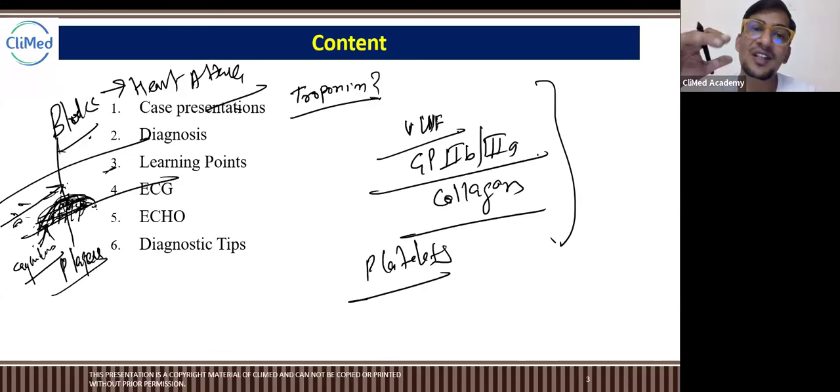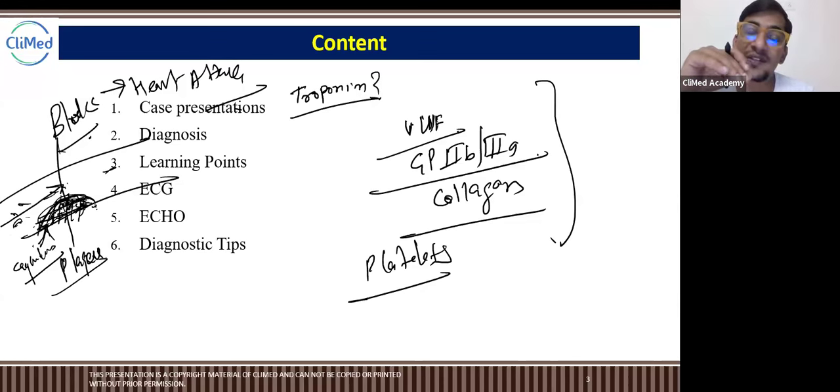When there are one or multiple plaques, they stop or prevent the blood flow, either completely or partially.